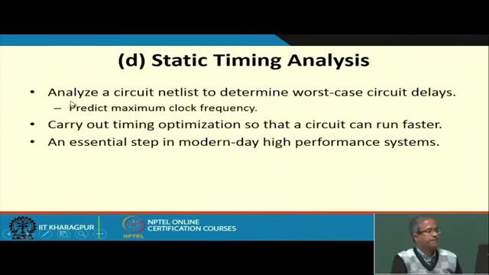So, it basically tries to analyze a circuit netlist to determine worst case circuit delays. When you calculate worst case circuit delays, you not only consider the delays of the gates as single numbers, like I can say, to simplify things, that the delay of this gate is 5, the delay of that gate is 4, this is 3 and so on, and accordingly calculate the total delay.